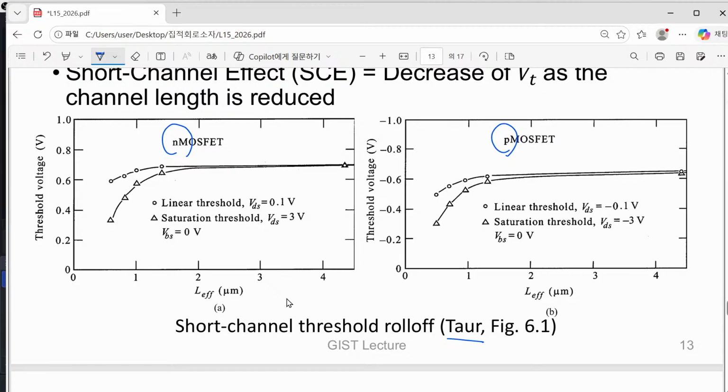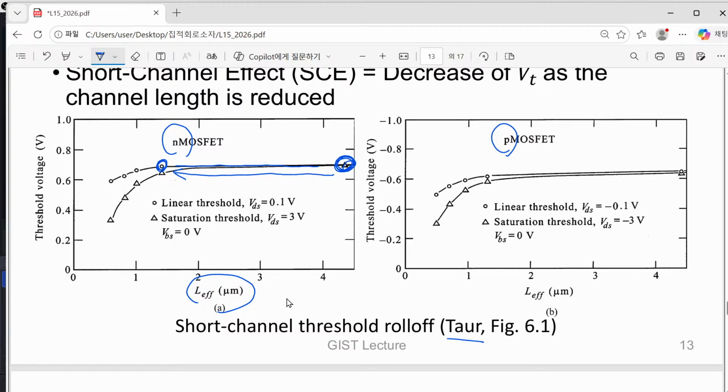Anyway, when we have a long channel device, yes, we can well define certain threshold voltage, and let's reduce its channel length. Even when we approach it to slightly 1 point something, almost 3 times or 4 times shorter device, still our threshold voltage is well preserved.